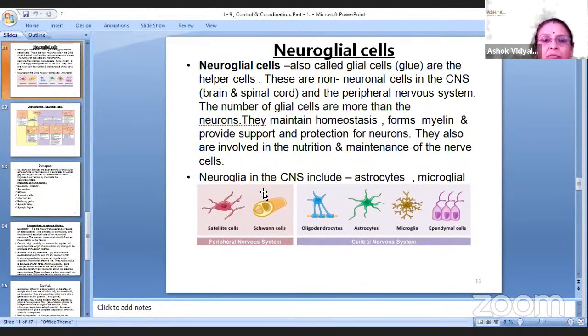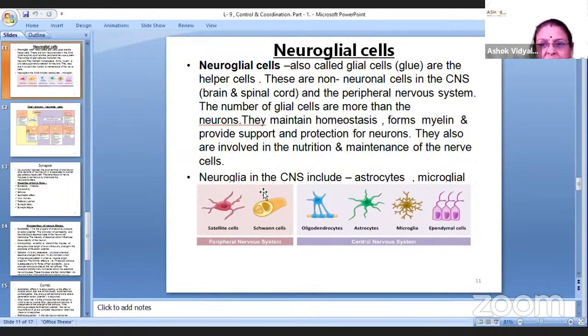What is the function of these glial cells? They maintain homeostasis. They form myelin and provide support and protection for neurons. So I told you in the beginning that neuroglial cells are the helper cells. Help whom? They help the neurons or nerve cells. They are also involved in the nutrition and maintenance of the nerve cells.